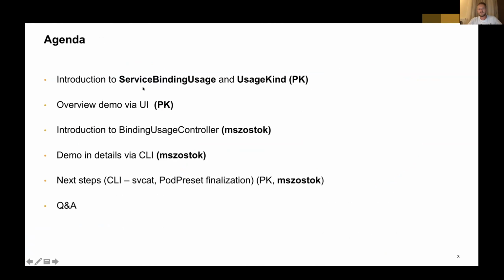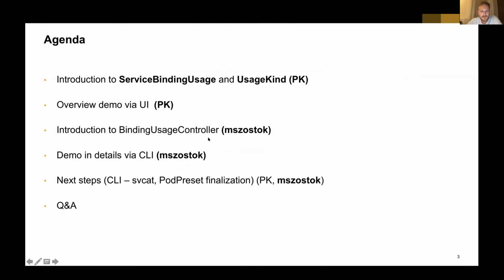Shortly, I'd like to introduce you to what those two new custom resource definitions really mean, through the documentation and some UI operations, because we also built the UI around the service catalog and our stuff. Those first two points will be for me.